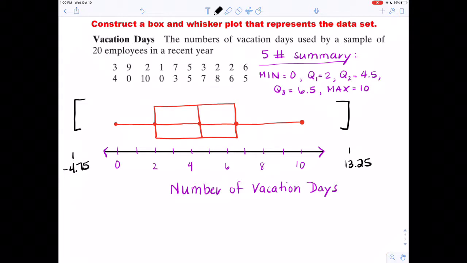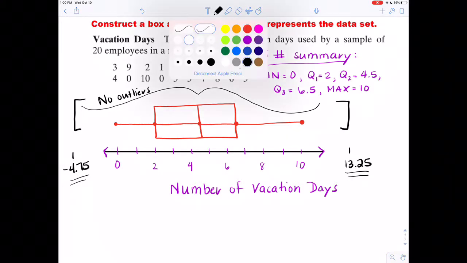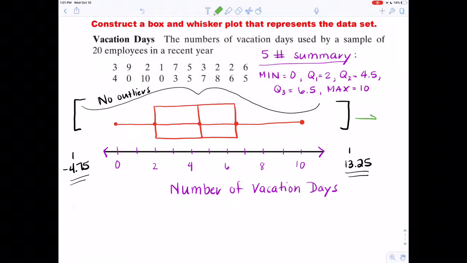If you look at your number line and approximate where that lower value is and where that upper value is, and draw yourself a little fence, anything that stays within those fences is not considered an outlier. But if any part of your box and whisker plot, any data values, went past those fences, that is where you would report an outlier or an extreme value.